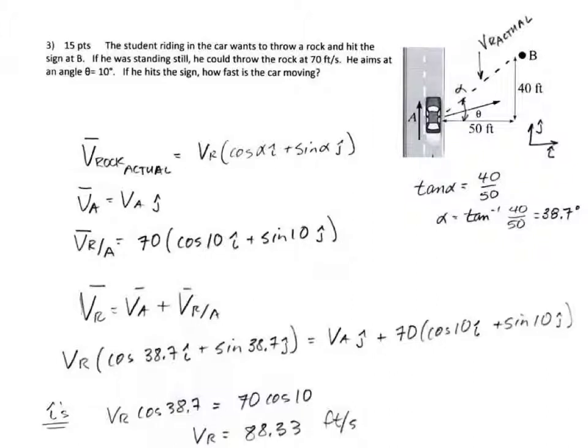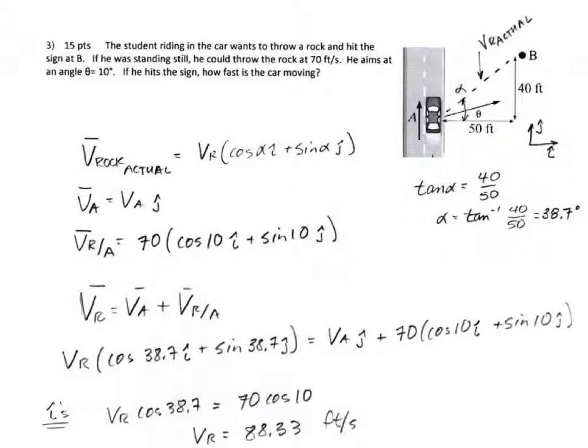One is the relative problem, and these again are also pretty basic. They all start the same, and the process is all the same. And here you have to understand what is actual and what's relative. Now the actual direction and speed of the rock goes right there. He throws it here. If it's going to hit the sign, it has to follow that line.